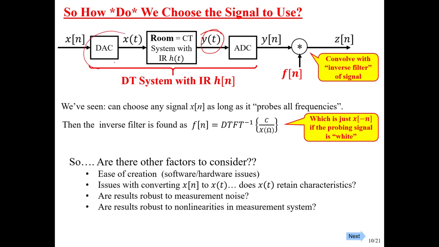Well, there's nonlinearities in the DAC and nonlinearities in the A to D converter. And there's going to be nonlinearities in the speaker that's here and maybe the amplifier that's driving the room. There's going to be a microphone here. There could be nonlinearities in that. The room itself, if we're measuring the impulse response of the room, is going to be linear.